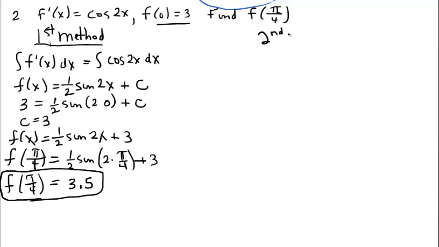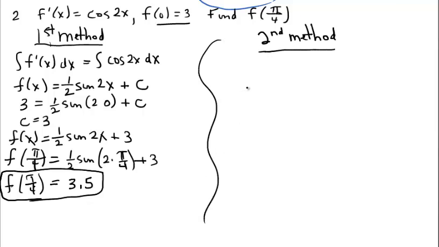Second method is the FTC. All right, so let's think about what we have here and what we're finding. We're finding a y value at pi over 4, which this input pi over 4 is larger than the input of 0. So using on worksheet 3 one of the alternate forms of the FTC, I'm going to just go ahead and go right to the setup.